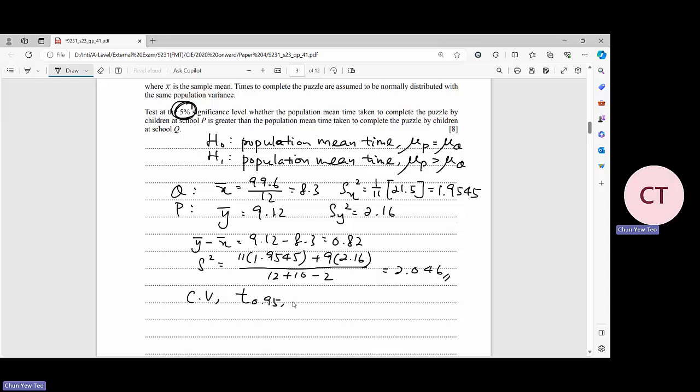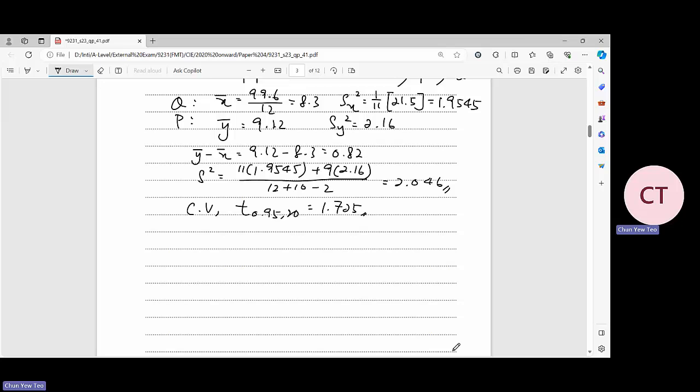Your degree of freedom will be 12 plus 10 minus 2, which is 20. Using the formula booklet MM19, you get the answer as 1.725. So this is the critical value.